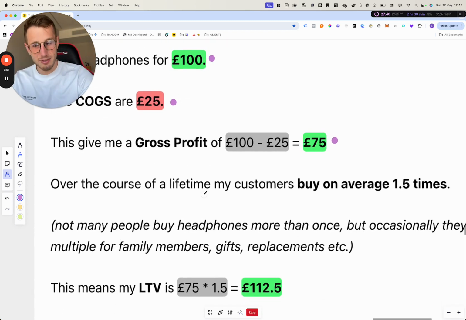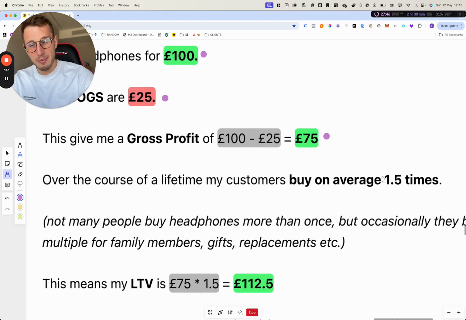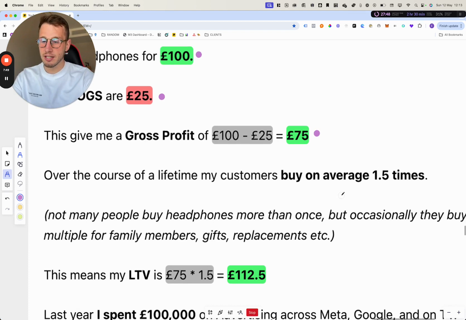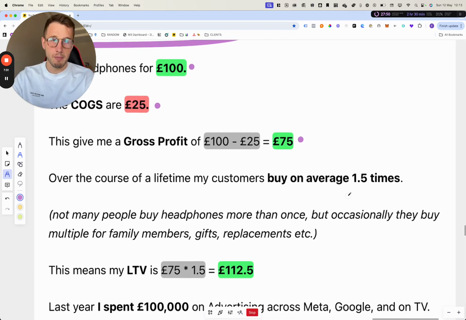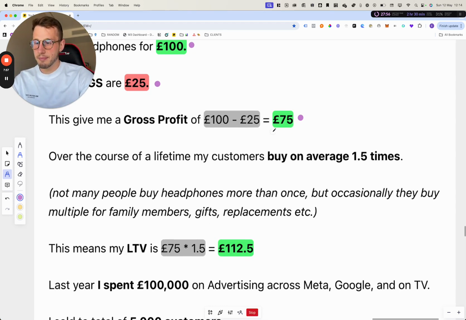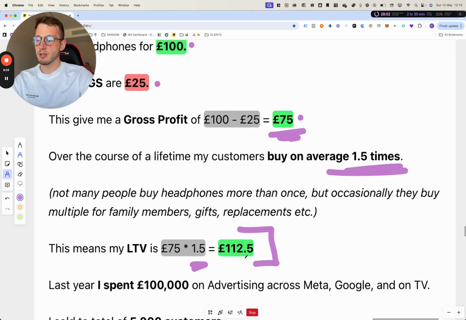Now, being headphones, my customers on average buy 1.5 times in their whole life. That's because not many people buy headphones more than once. Occasionally they'll do a bulk order for some family members, gifts, maybe some replacements, but generally they're not buying them that much. So to work out my LTV, I take my gross profit figure and multiply it by the number of lifetime purchases, and that gives me, in this case, 75 times 1.5, £112.50.